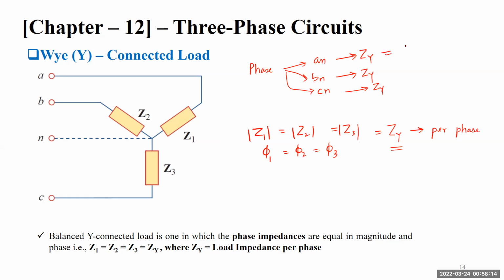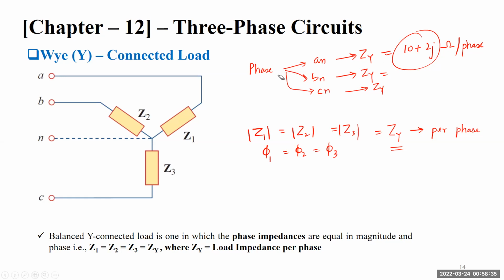This ZY can be 10 plus 2j ohms per phase. So it means that Z1 equals Z2 equals Z3 are all equal to 10 plus 2j. I'm taking it as an example; it can be any complex value of this impedance as well.